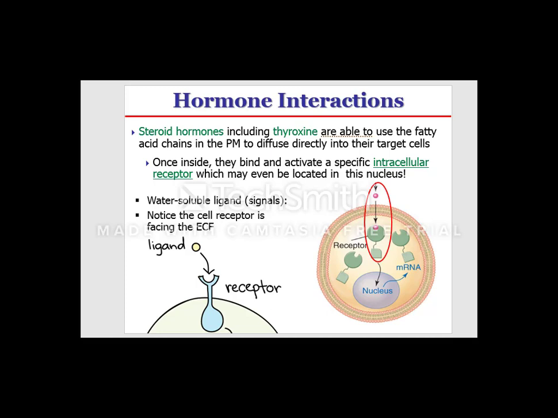Target cell activation depends on three major factors. One, the rate of secretion, or how high the blood concentration levels are going to be. Two, the relative number of receptors found on the target cell. So more receptor sites means you're more likely to have the signal bind and carry out its action on the cell.